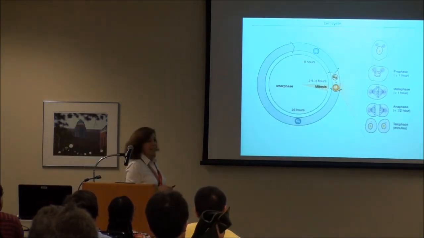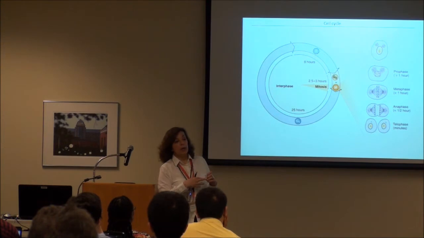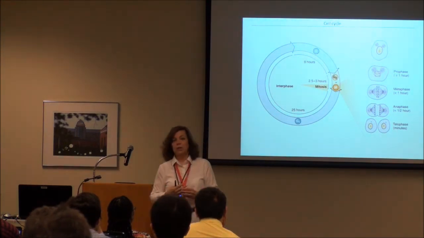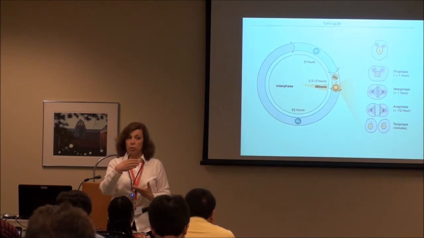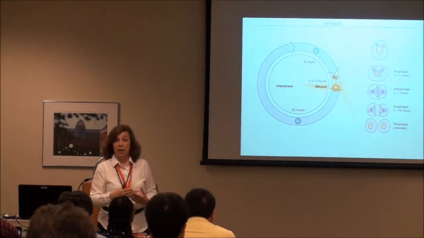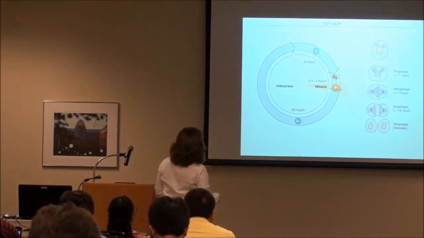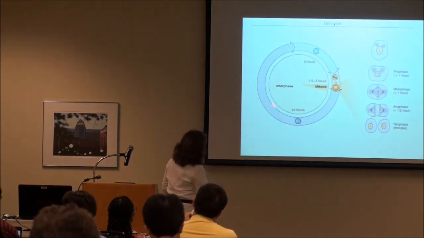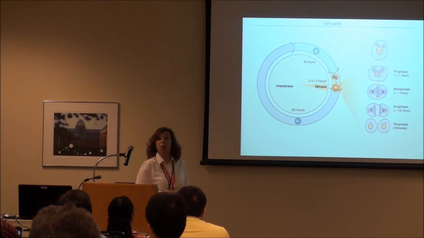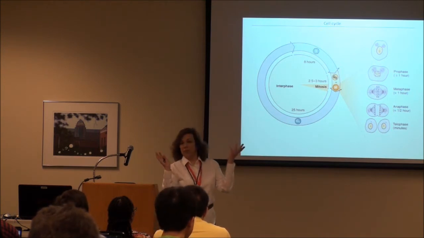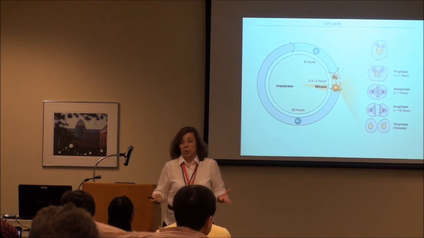So every cell goes during its normal lifetime through what we call the cell cycle, through certain phases that repeat themselves. The first phase is called G1 or gap 1 phase. This is just the phase where cells do what they're supposed to do.